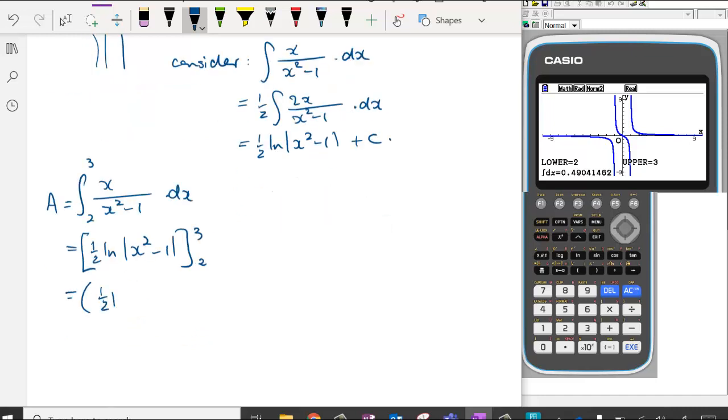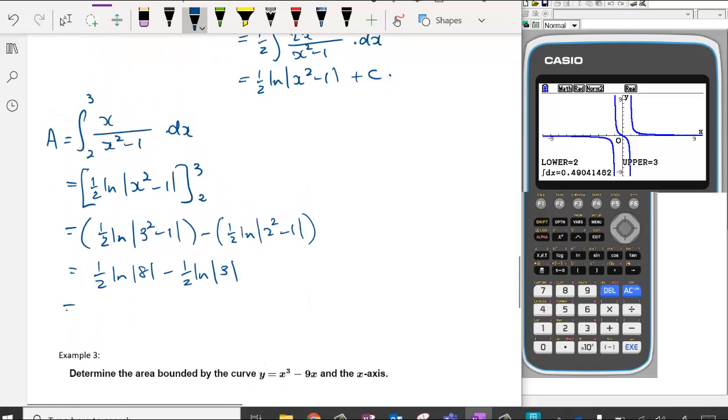And so we have 1/2 ln of 3 squared take 1, subtract 1/2 ln 2 squared take 1. So we have 1/2 ln 9 take 1, which is 8. Subtract 1/2 ln 4 take 1, which is 3. And when we bring that back together, we've got 1/2 ln 8 on 3. And units squared.